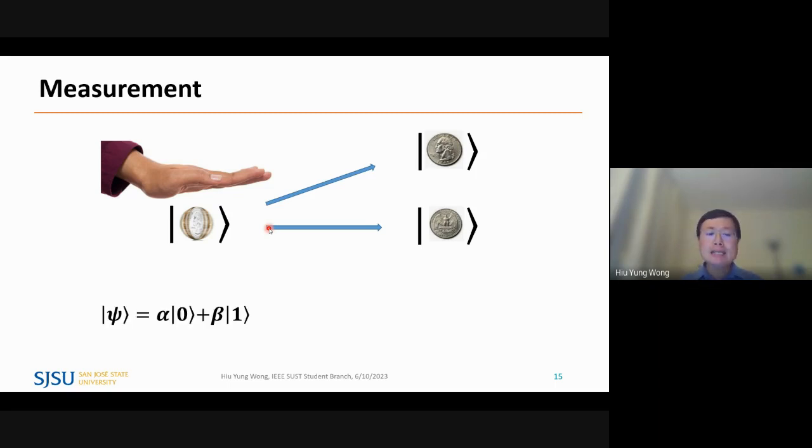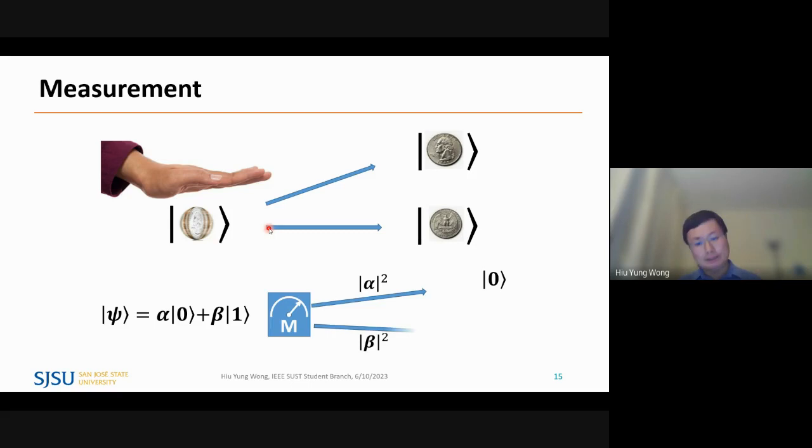Okay, so that is the same for a quantum wave function. If we do the measurement, it may become 0 or 1. It's completely random. The only thing that has statistical meaning is that the probability that it will collapse to 0 is proportional to alpha squared, the square of the magnitude of the coefficient.